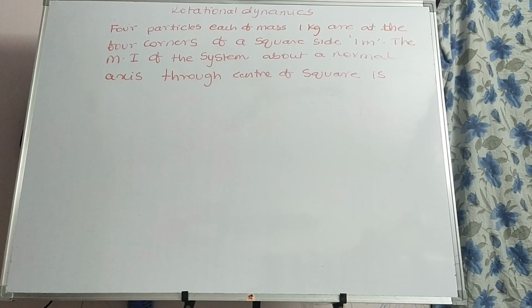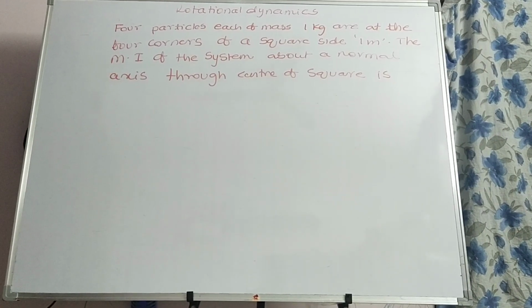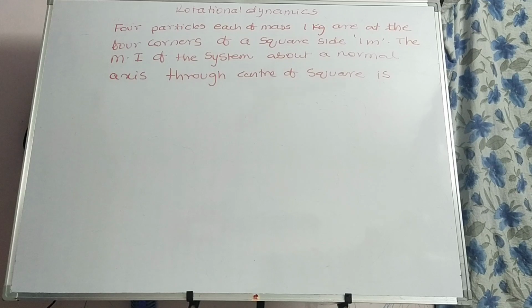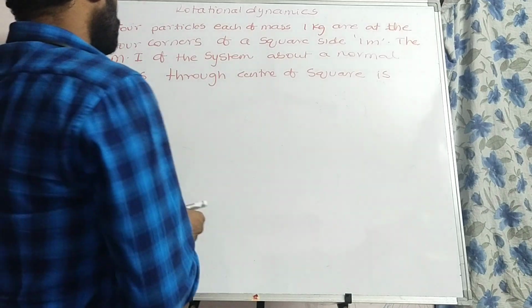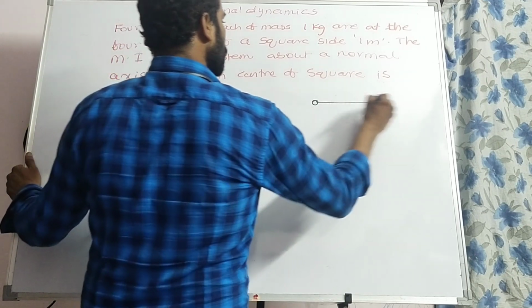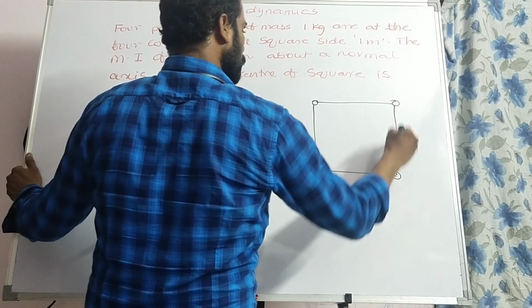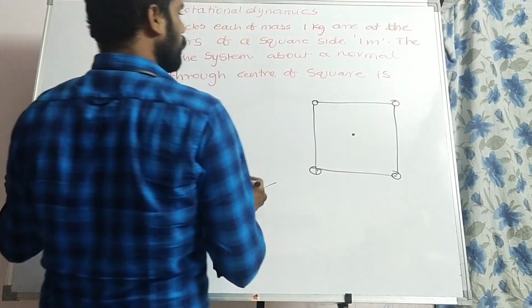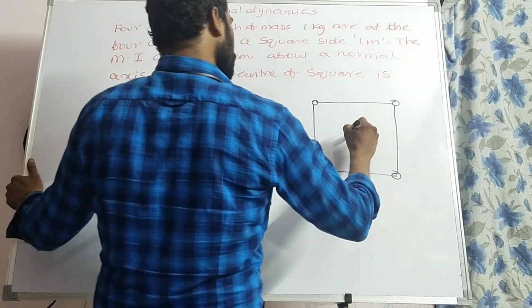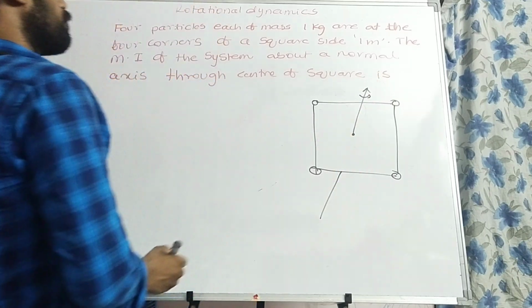Four particles, each of mass 1 kg, at the four corners of a square of side 1 meter. The moment of inertia of the system about a normal axis through the center of the square is. So let us consider here four masses at the four corners. So this is the center, of course. So let us consider the axis like this, perpendicular to the plane of course.